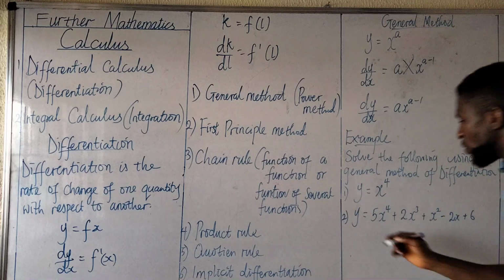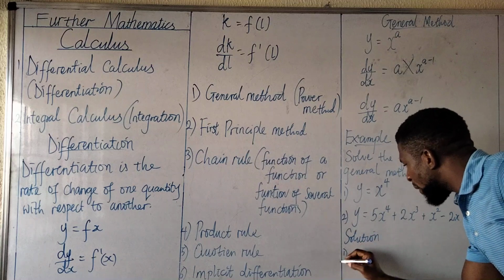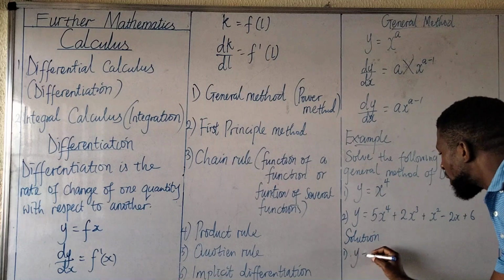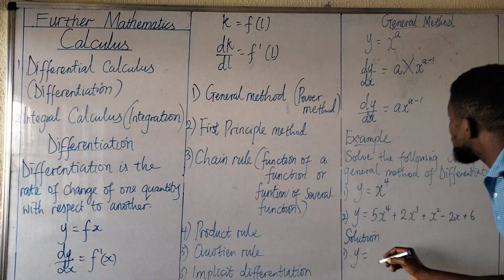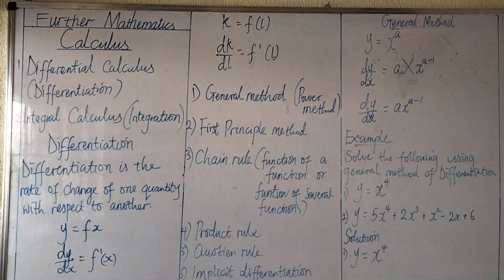So let us start. Solution 1. It says y expressed as a function of x raised to the power 4. Okay, using general method, you know the idea. Use the power to multiply the base and subtract 1 from the power.